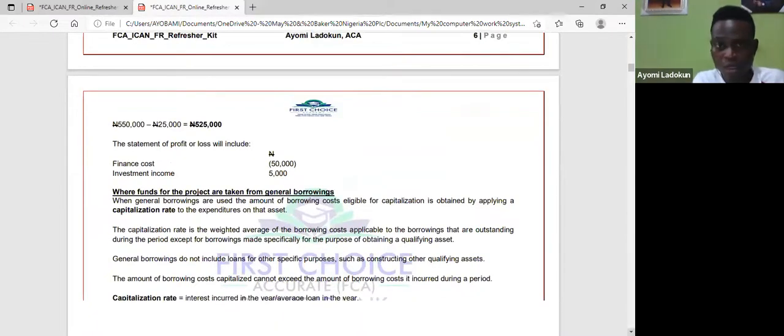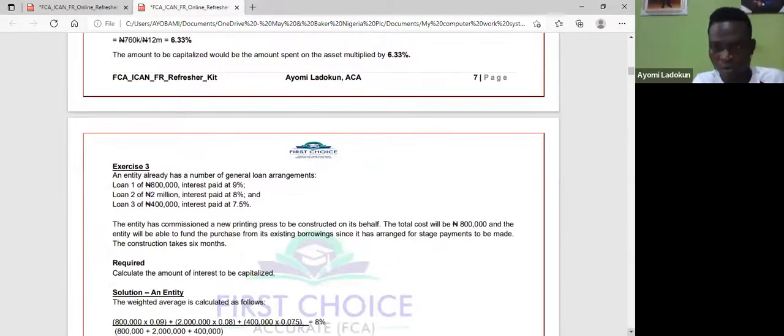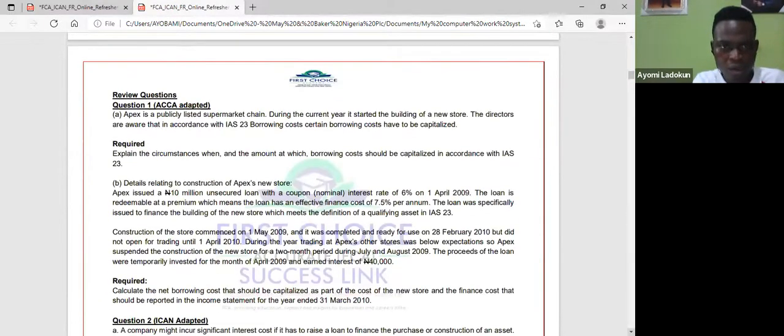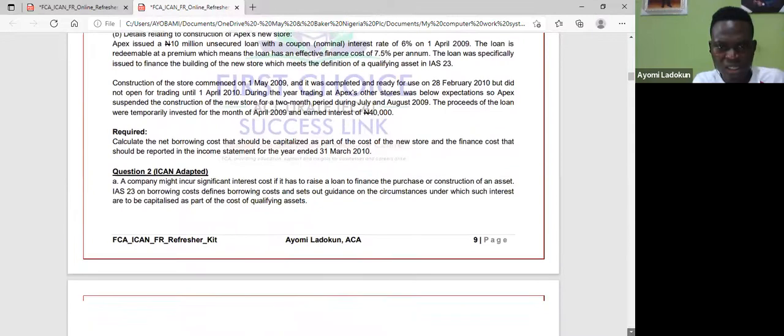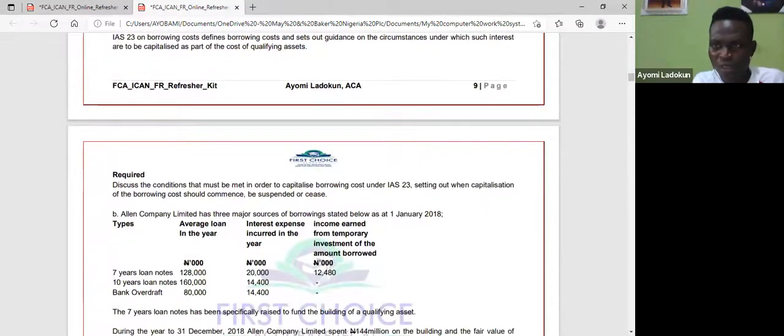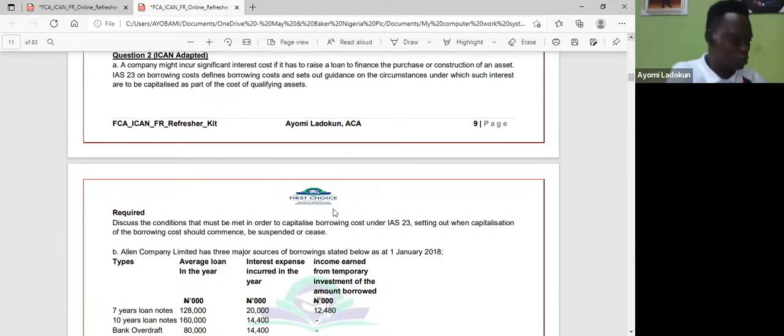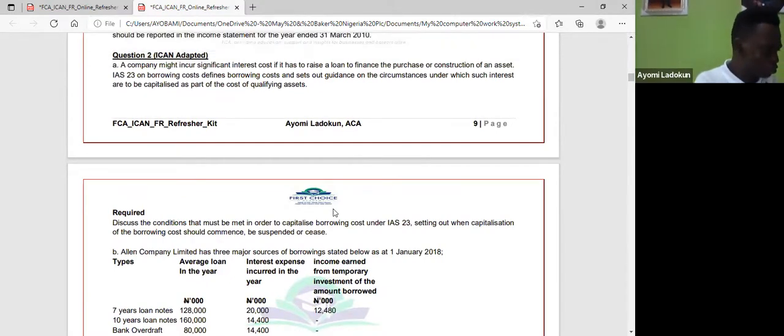But let me go and solve one bigger question. This is the general borrowing I was explaining. We have question 1 ACCA, but let me solve question 2, which is ICAN. Let me look for it in my study text here. Page 109.